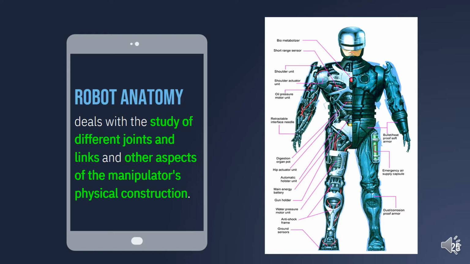Therefore, robot anatomy deals with the study of different joints and links and other aspects of the manipulator's physical constructions. The right figure shows the anatomy of Robocop.